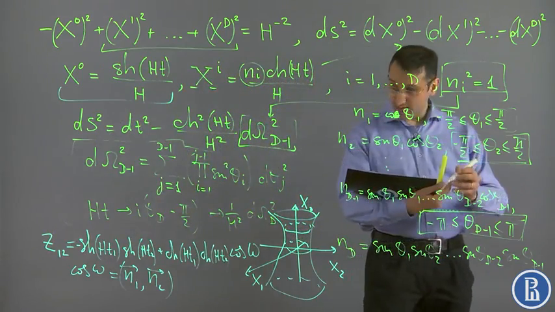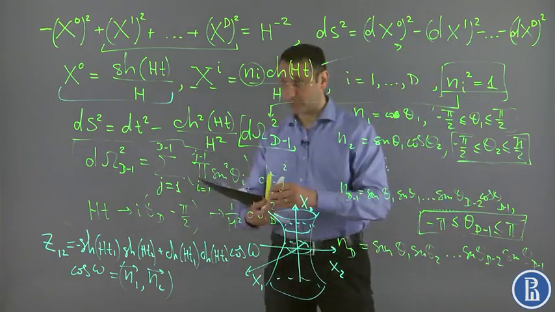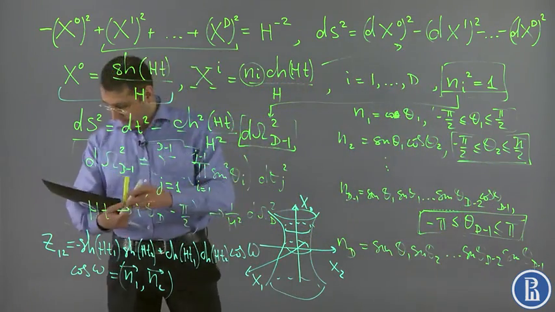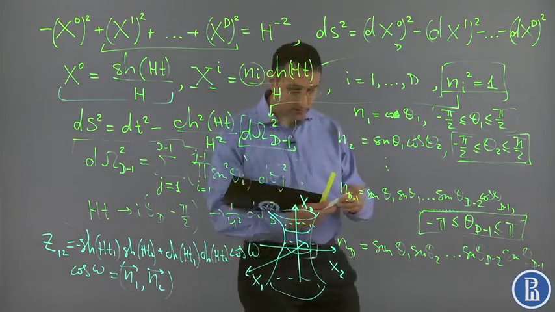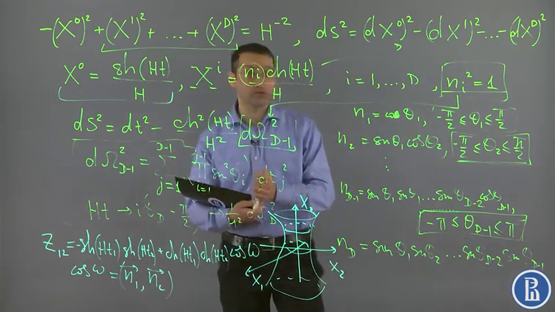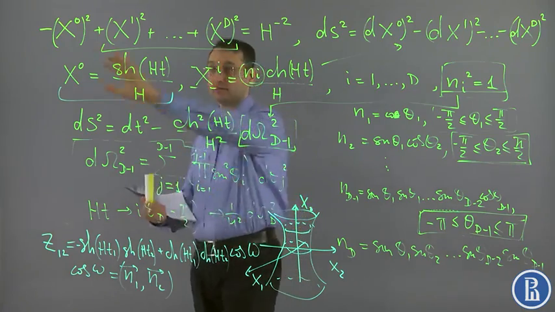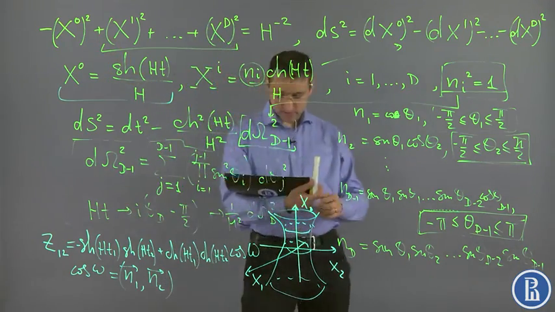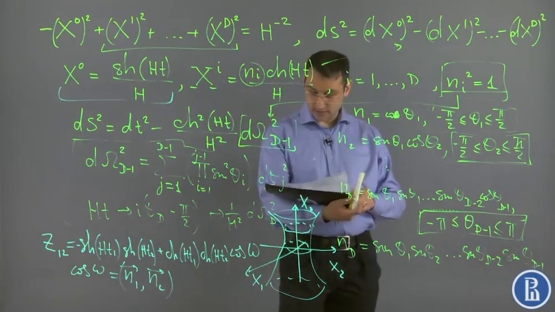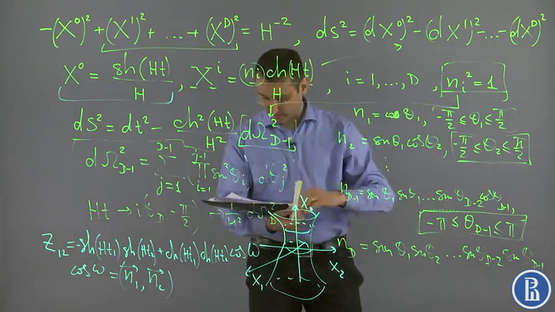Now the geometry of de Sitter space becomes apparent, and we're going to continue with the Penrose diagram to discuss the causal properties of de Sitter space.